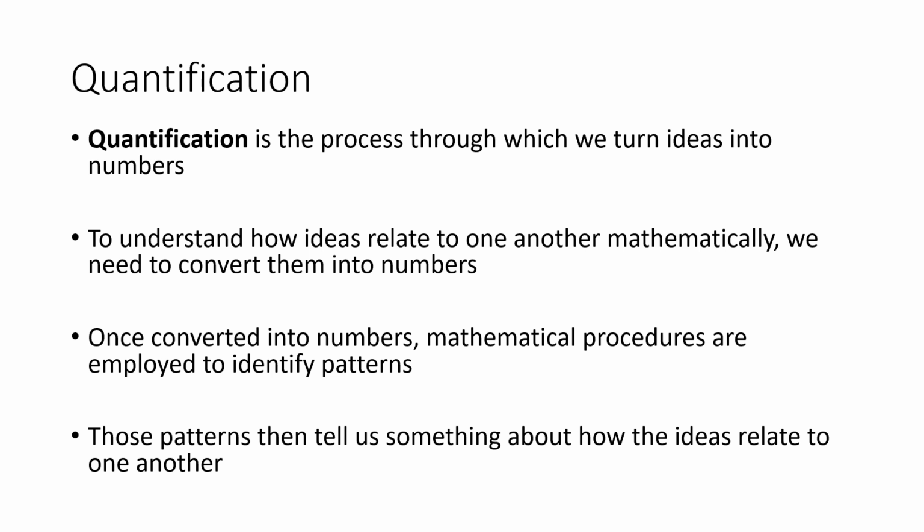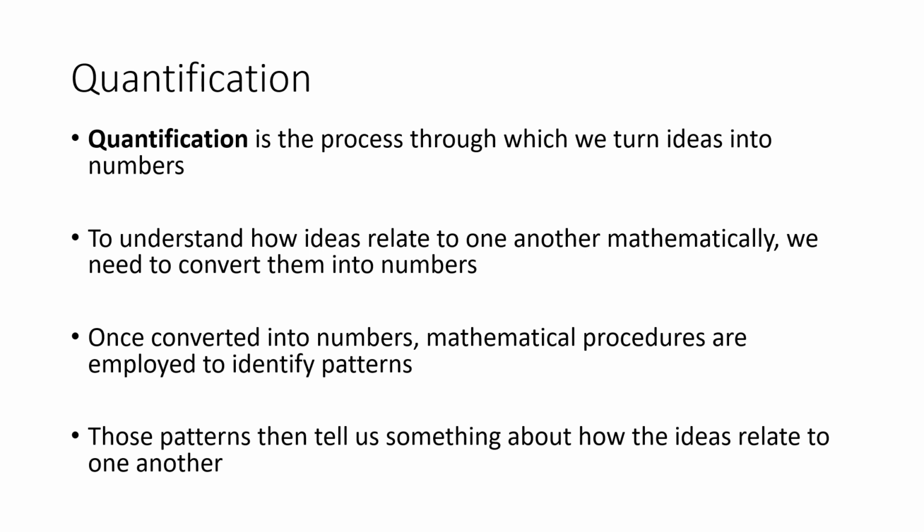So once we've converted our ideas into numbers, then we can use mathematical procedures to identify patterns in the data, right? So let's say we're interested in looking at whether men or women in an organization differ on their levels of job satisfaction. Job satisfaction is an idea. It would need to then be converted into numbers.